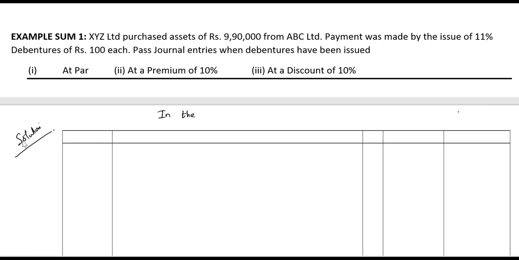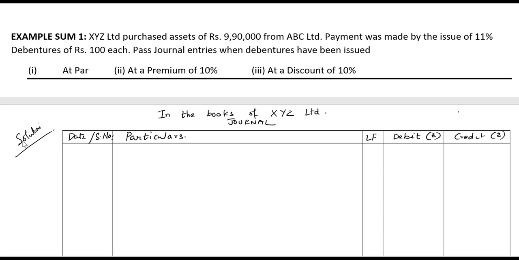In the books of XYZ Limited, journal. We have the date/serial number, particulars, LF, debit rupees and credit rupees.